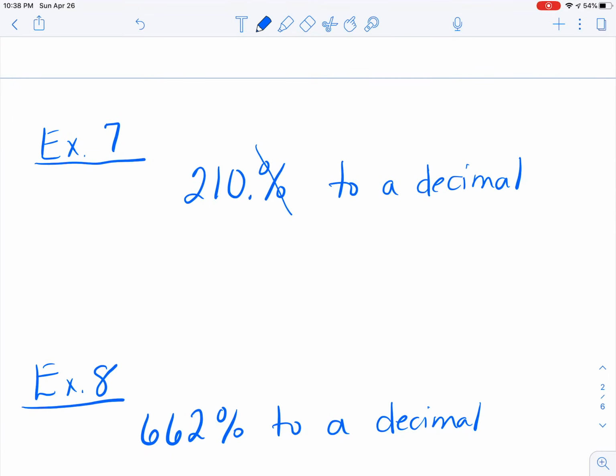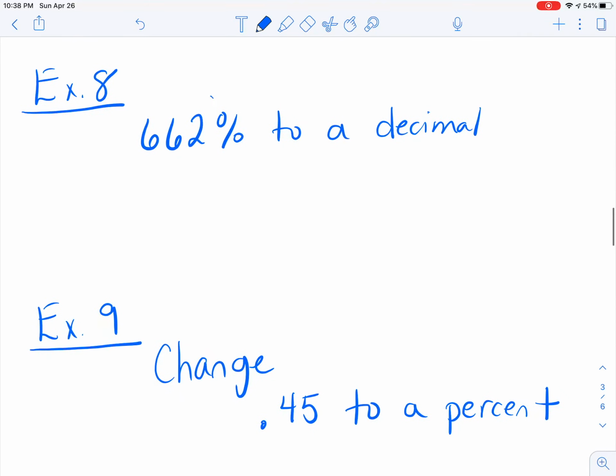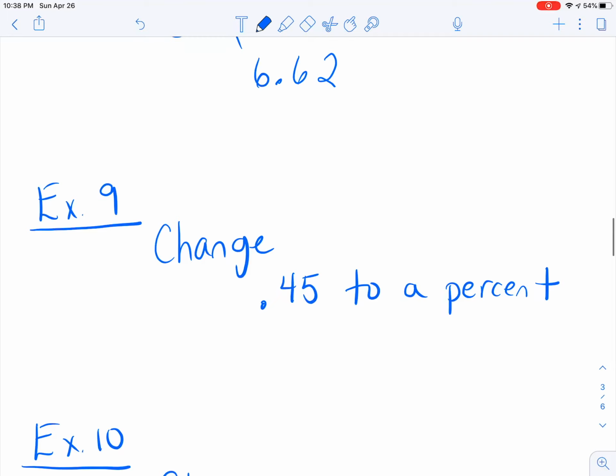Example 7, drop your percent sign, 2 places to the left, 2.10. Or you could just simply say 2.1. Means the same thing. Example 8, drop the percent sign, 6.62.